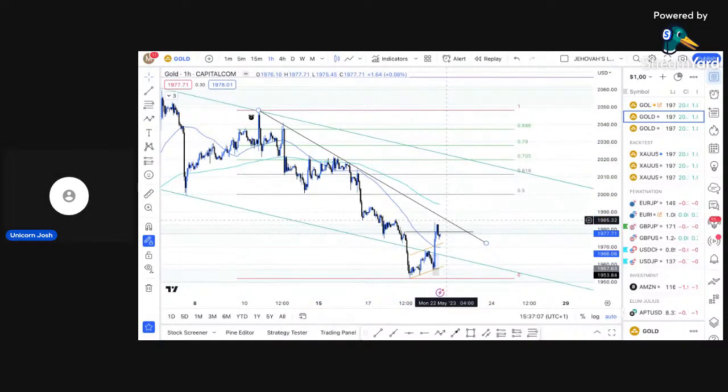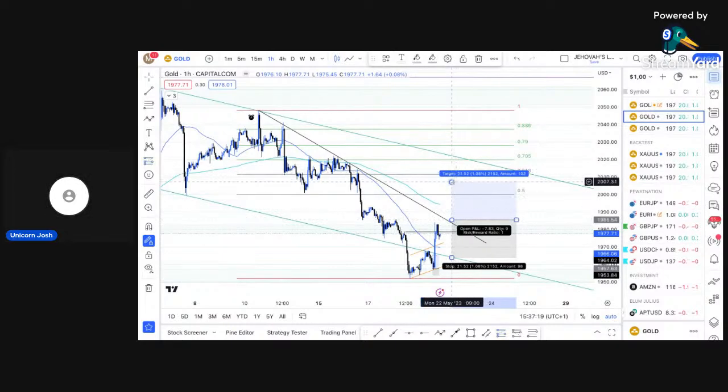Depending on the price action that plays out at this point, that's what will determine how we are going to take advantage of that move, and if it's going to be a move worthy of taking.